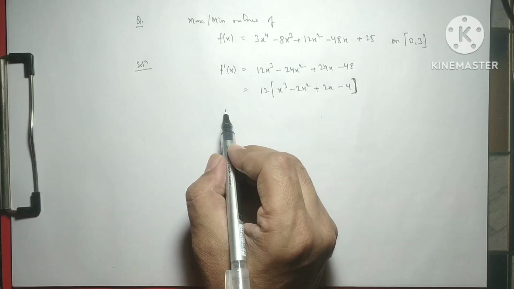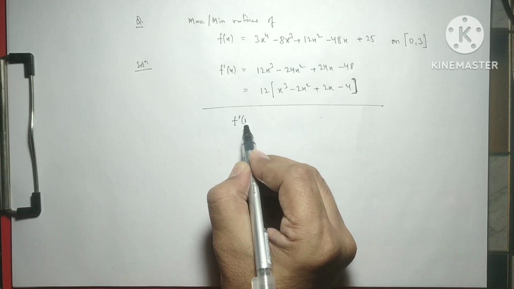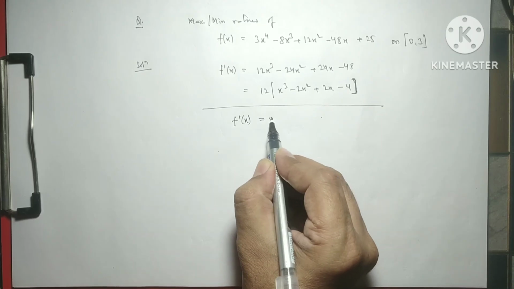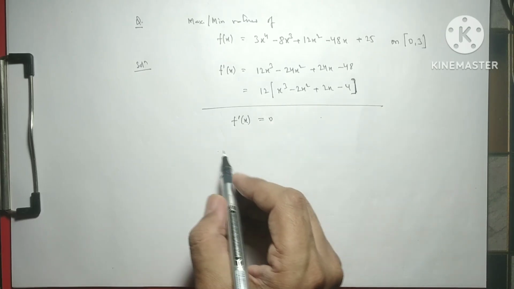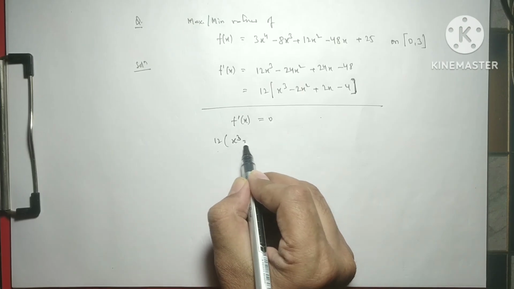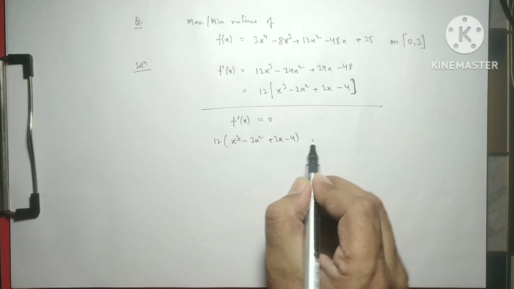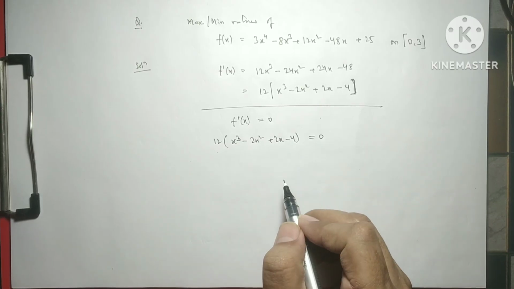So according to second derivative test, we put f dash x equals to 0. So this expression 12 into (x^3 - 2x^2 + 2x - 4) is 0.